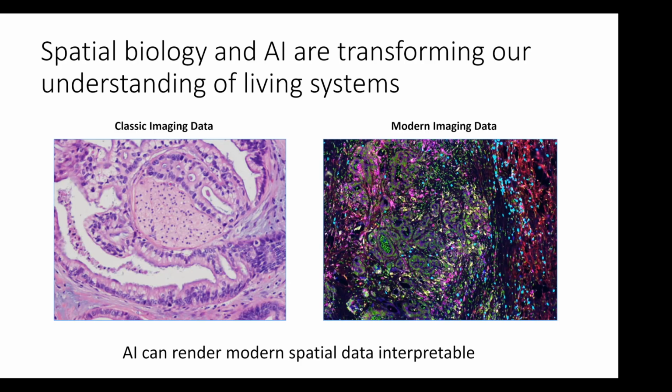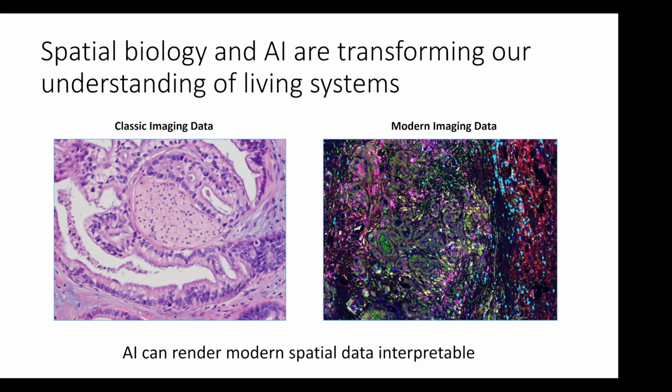Classic imaging methods are here on your left, and the more modern data is shown on your right. If you get a headache just looking at what's on the right, it's almost by design. I intentionally put too much information, too many colors, on this image, just to relay some notion of its information density.